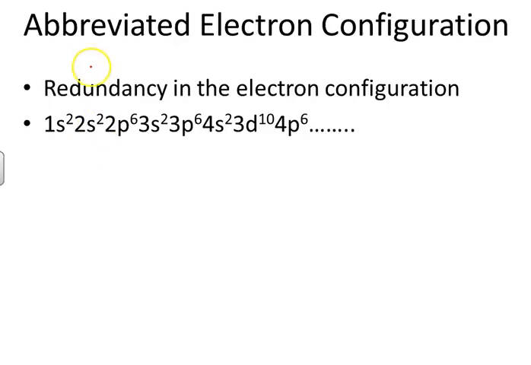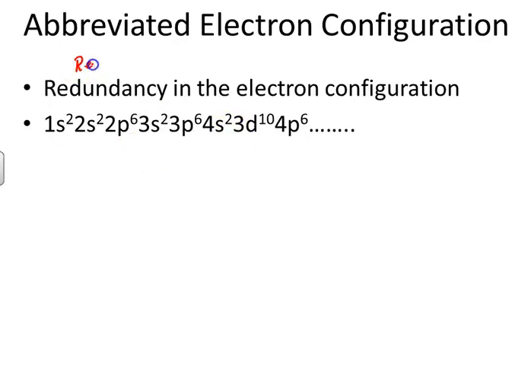Now you will notice that as we go through this, we repeat things. For instance, we always have 1s2 as the starting point unless hydrogen is our element. We go through the entire second energy level, then the 3s2, 3p6, 4s2, 3d10. We have some things that we repeat.